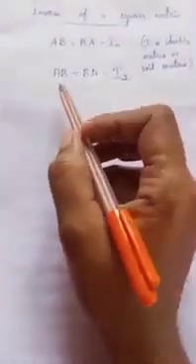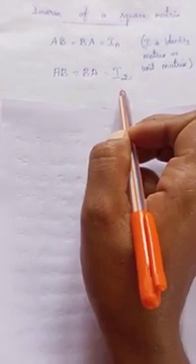If we are getting AB equal to BA equal to I 2, then both are square matrices of order 2.